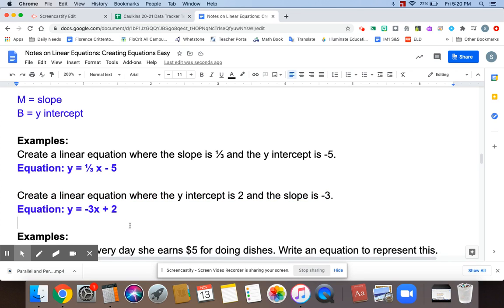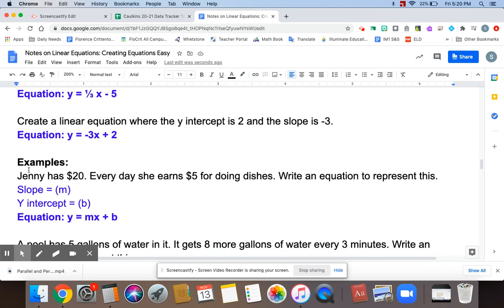So let's make it like a real life situation. This situation says Jenny has $20, and every day she can earn $5 for doing the dishes. We need to write an equation to represent this. Well, what is this 20 that she has? Is it the slope or is it the y-intercept? Remember, slope means growth, and she's not getting 20 each time she does something. She just has that 20. That 20 is her y-intercept, because that's her starting amount.